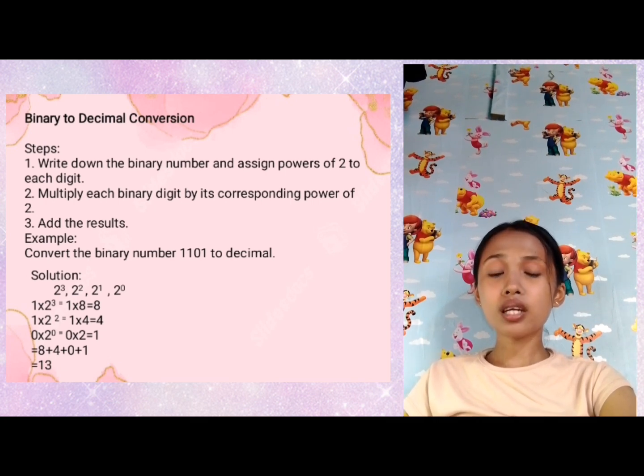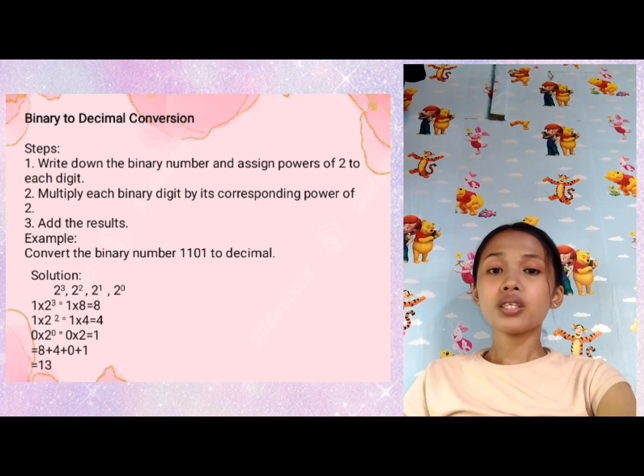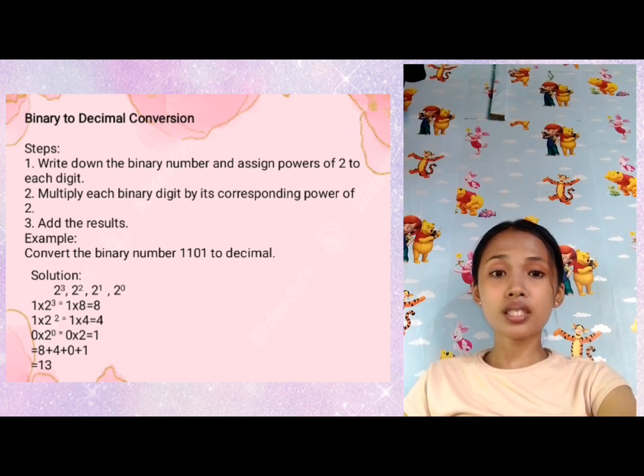Then, 1 times 2 raised to the power of 2 is equal to 1 times 4 equals 4. 0 times 2 raised to the power of 1 equals 0 times 2 equals 0. Then, 1 times 2 raised to the power of 0 equals 1 times 1 equals 1. Then add 8 plus 4 plus 0 plus 1 is equal to 13. So the decimal equivalent of the binary number 1101 is 13.